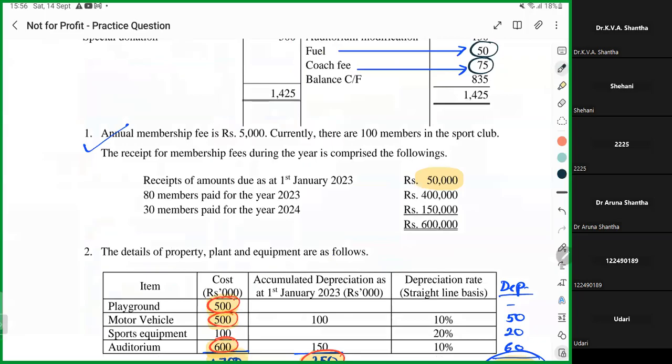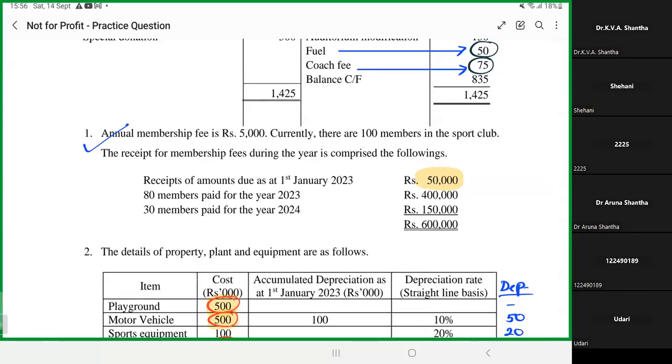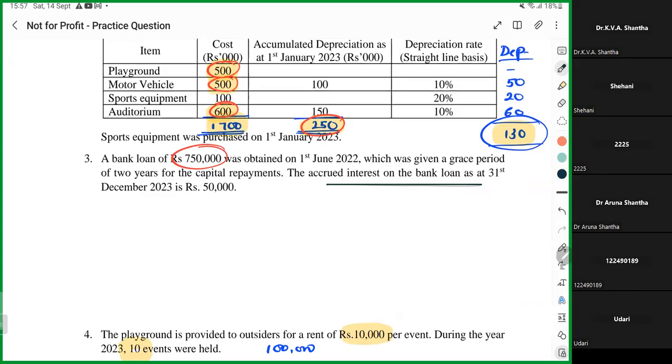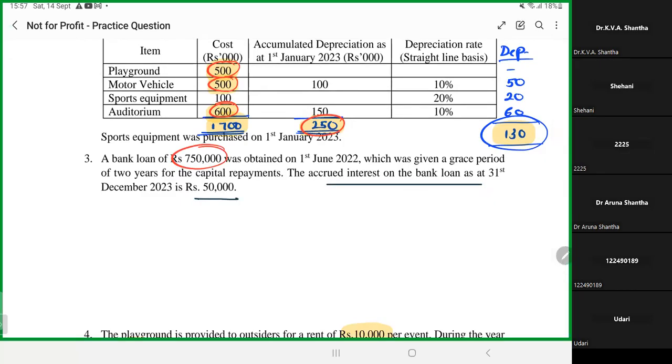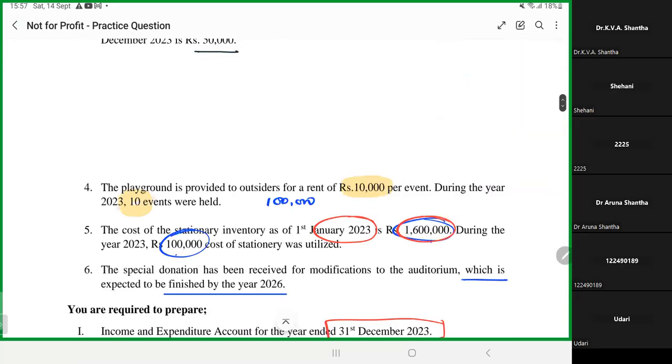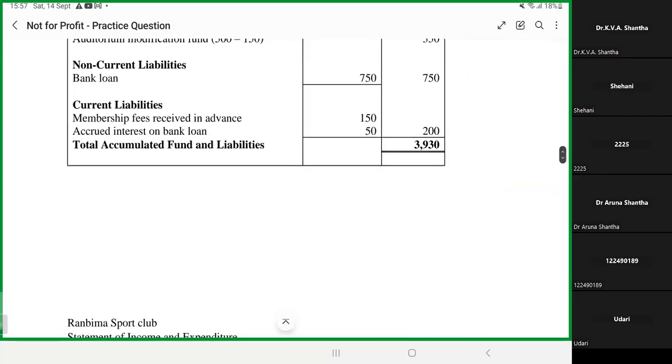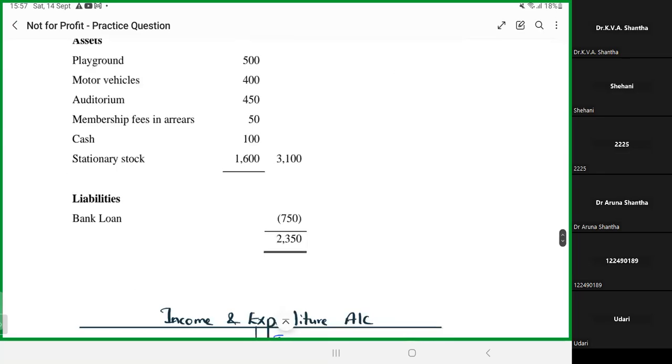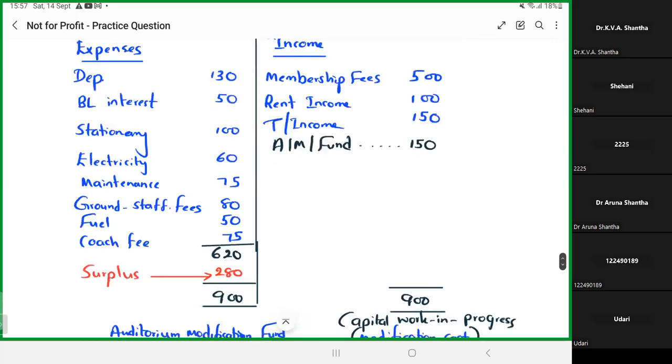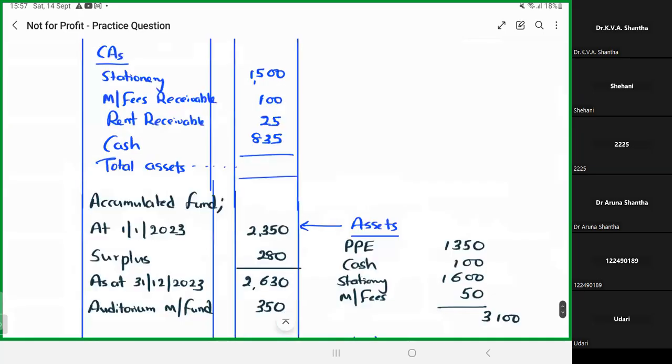There's 150 balance at the end, a credit balance. So current liability. What else? Accrued interest, 50. That's also current liability. So those are the two current liabilities: accrued interest and membership fees received in advance.